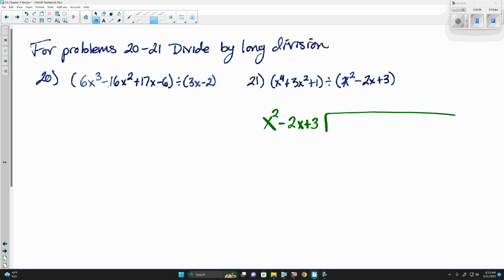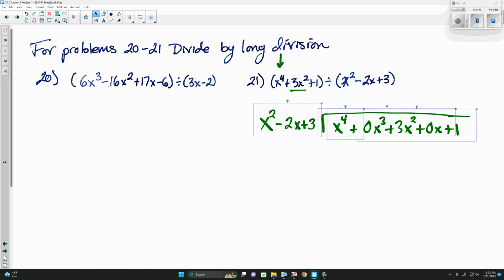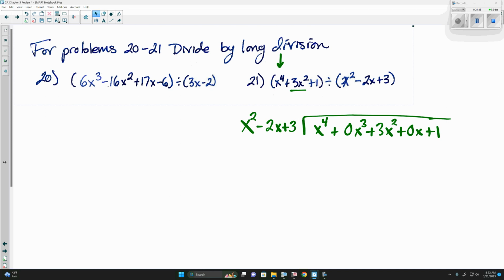The number inside, again, with long division or synthetic division, if there is one that's missing, we have to plug it in as 0. Since we have x to the 4th, we'll also need x to the 3rd. We don't have one. But we do have 3x squared. We don't have an x, so we have 0x plus 1. Anytime we're missing a term, we have to include it back in. Just move it over a little bit.